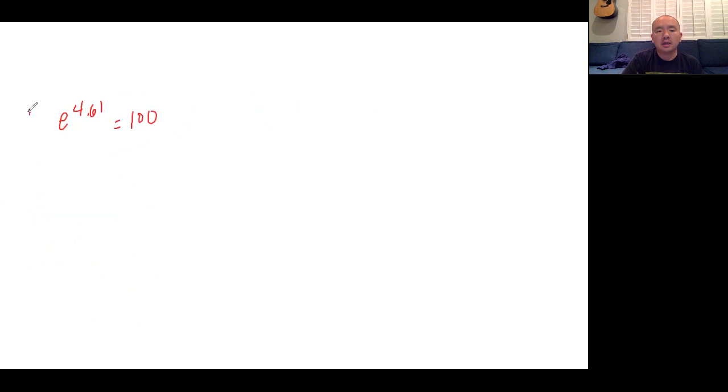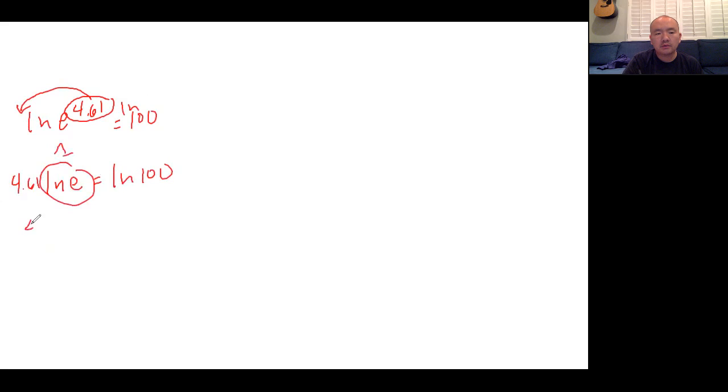So when you take the ln of both sides, you get the ln, or 4.61. Because if you remember the log property, if you have a power, you can always move it in front of the log. So the 4.61 ln e is equal to the ln of 100. So this equals 1. So it'll be 4.61 times 1 is equal to the ln of 100. So the ln of 100 is equal to 4.61.